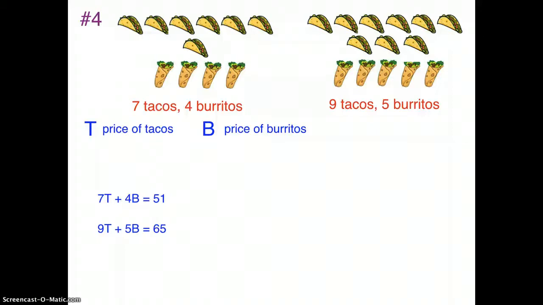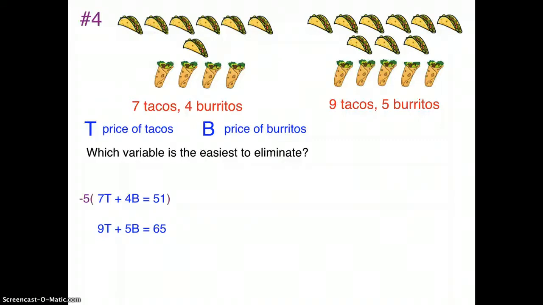And if I wanted to eliminate the b's, I would have to think, what is the lowest common multiple between a 4 and a 5? And the correct answer would be 20, which means I would multiply the first equation by a -5, and I would have to multiply the second equation by a +4. So in this case, I'm going to do what I think is going to be the easiest, and I would have to say getting rid of the b's would be the best choice for me.